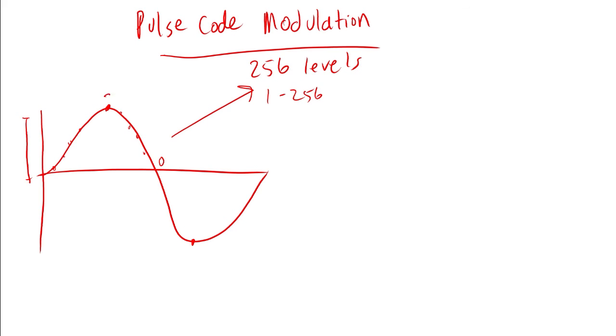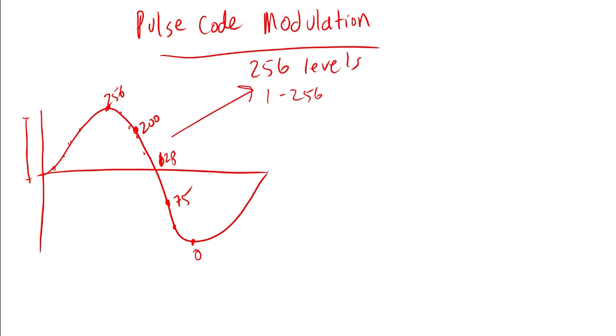So here would be 256, and here would be 0, and here would be 128. And so, this might be 75, and this might be 200. So every measurement we take, we're going to assign it a level.